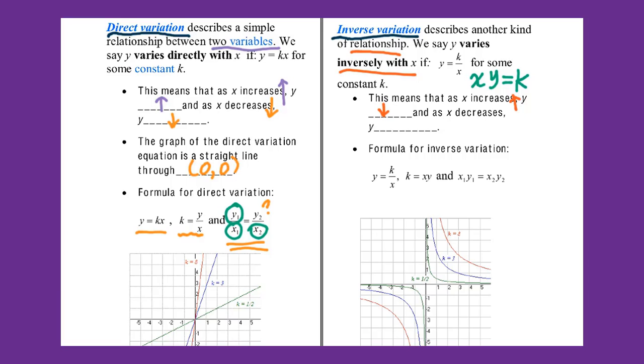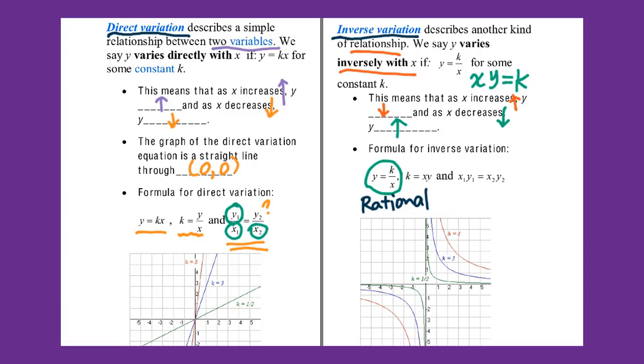When x decreases, then y must be increasing. The formula for inverse variation is y equals k over x. Basically, that's a rational function.